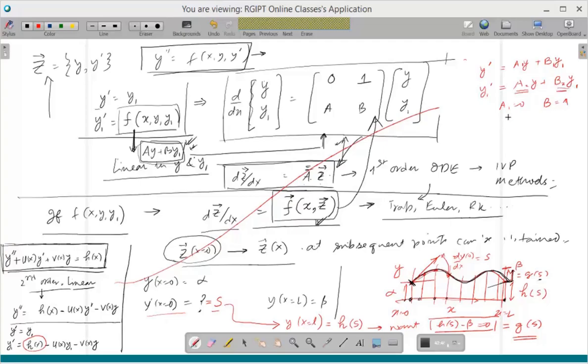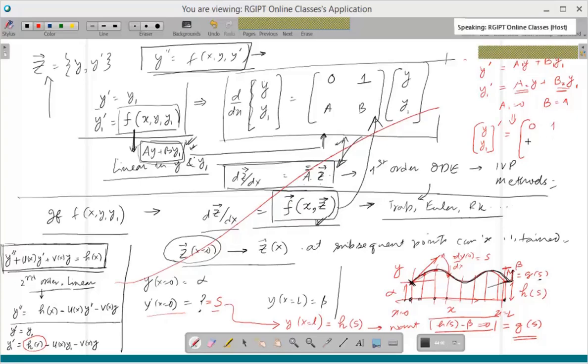Then I can write y and y1, entire primed, equal to some matrix A, which has the form 0, 1, and minus v of x, minus u of x, times y, y1.